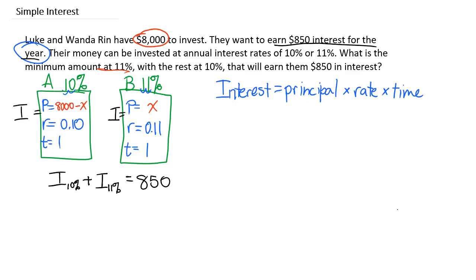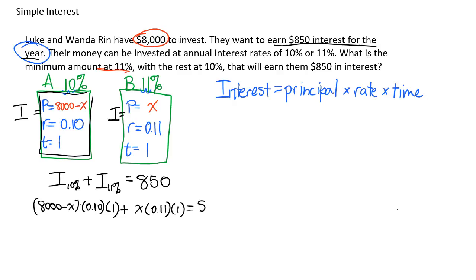So now all of this stuff inside here: if we take our principal, 8,000 minus X, in parentheses, multiply it by the 10%, multiply it by the amount of time, we can add it to X times 11% times 1.